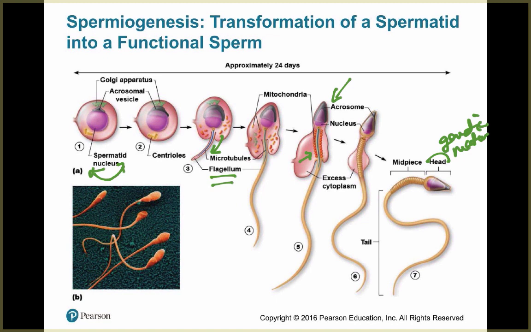And this acrosome here, it basically has the hydrolytic enzymes. Those hydrolytic enzymes, if you remember, they help the sperm to penetrate the egg. Excess cytoplasm is leaving there, and you can see it's starting to form in that middle area, the midpiece. This is the metabolic region.